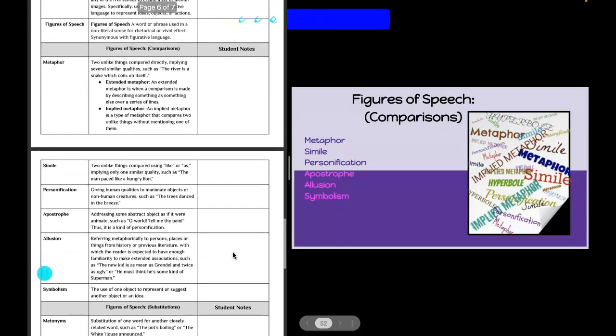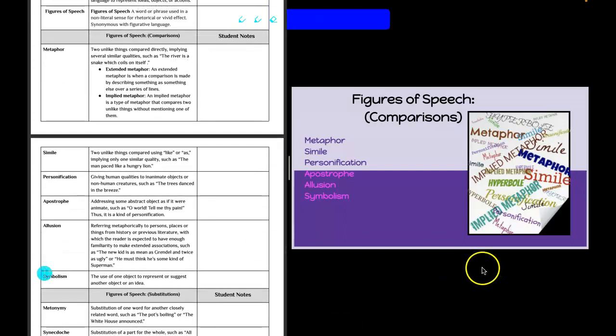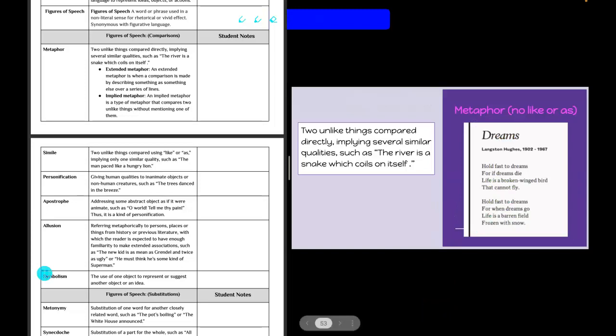Figures of speech: comparisons. Two unlike things compared directly, implying several similar qualities, such as the river is a snake which coils on itself, is metaphor. Metaphor is like the simile, but does not include like or as.